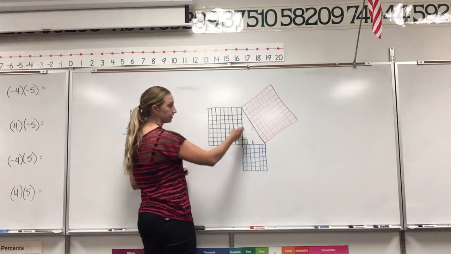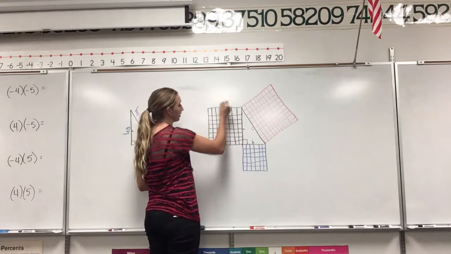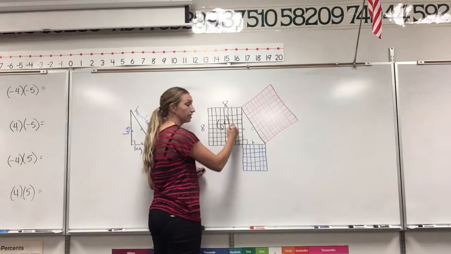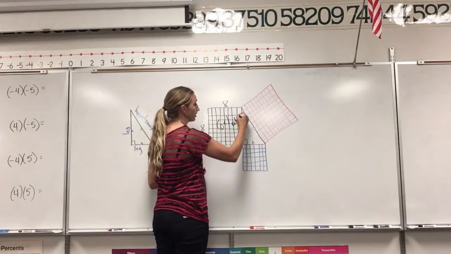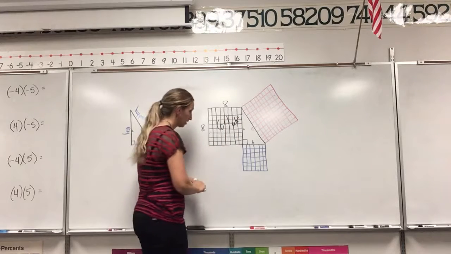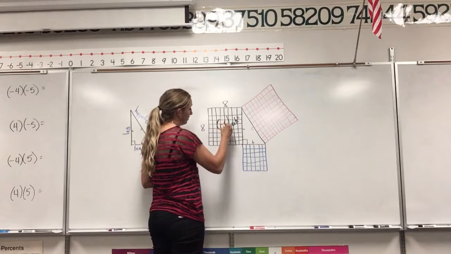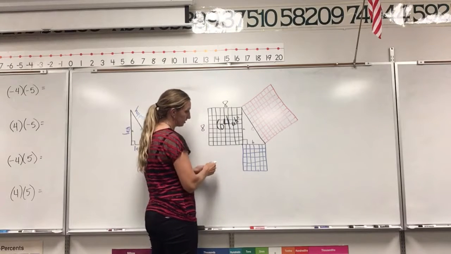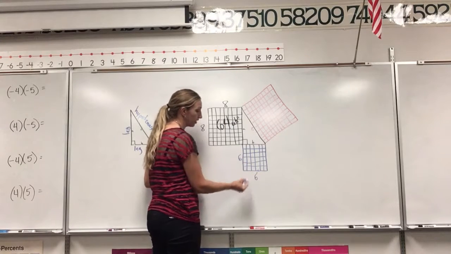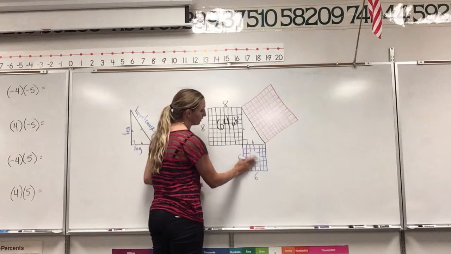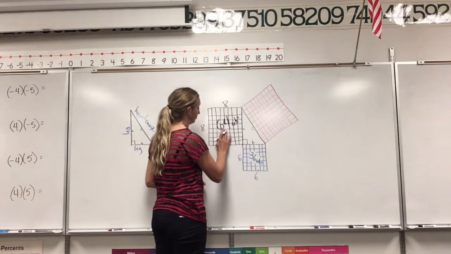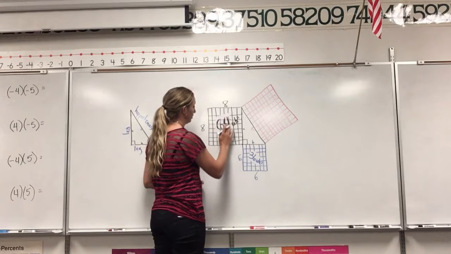This side A was an 8 by 8 square that we had cut out. The area of it is 64 units squared. This other one was our 6 by 6, so the area of it was 36 units squared.